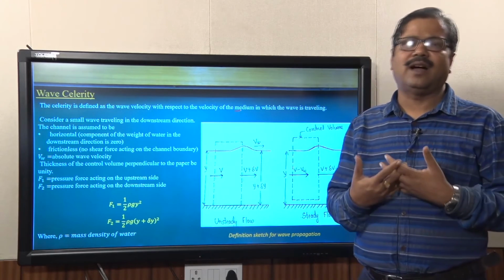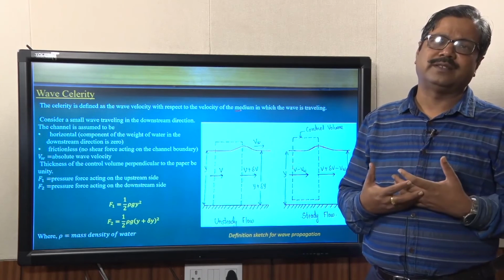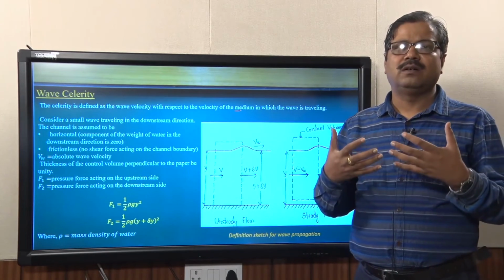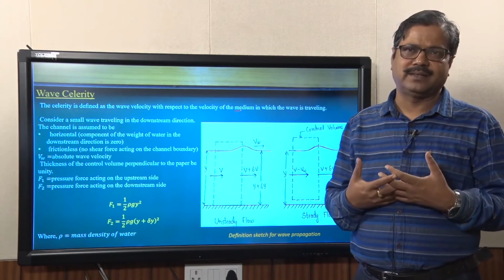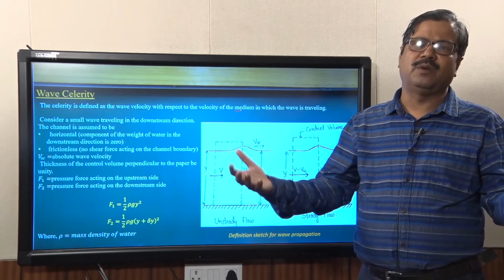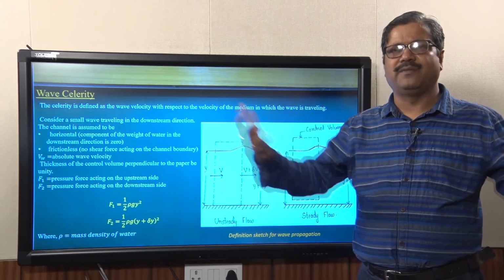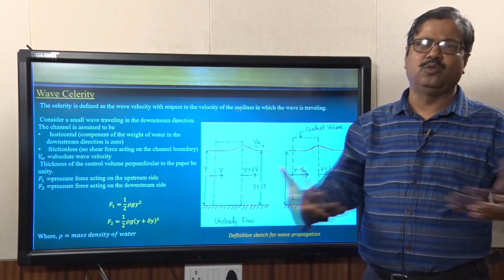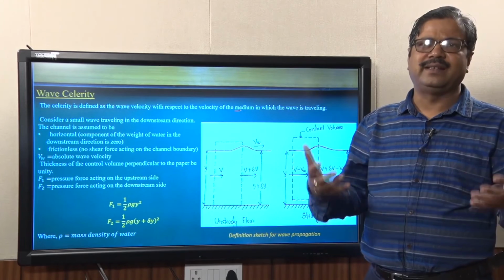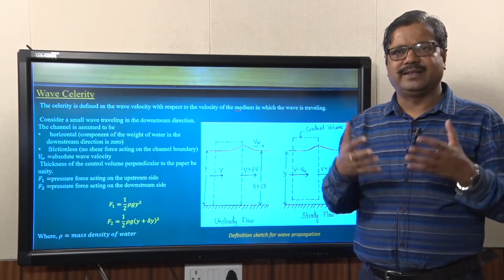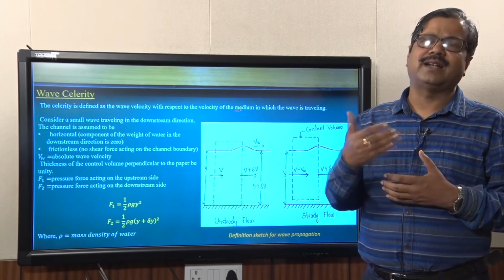We should now discuss the critical flow concept with respect to disturbance propagation. When river flow is happening, there is immediately a wave, a huge runoff comes and creates a wave as a disturbance. How does that propagate?